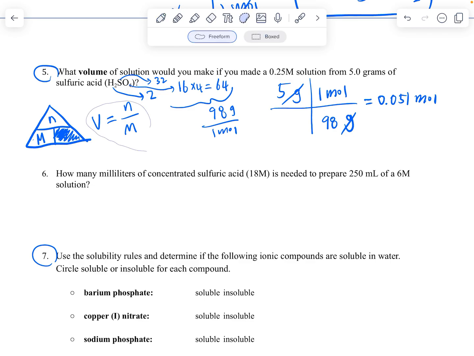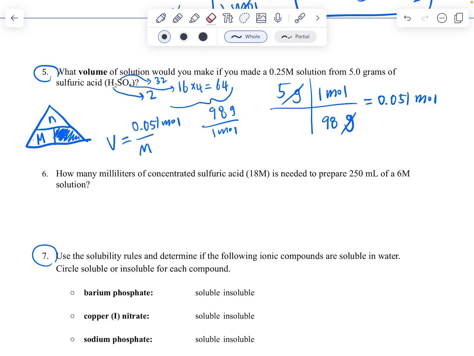I'm just going to bring my equation here, and I'm going to replace n with what I just found, 0.051 moles. And what is my molarity here? The concentration is provided, 0.25 molarity.